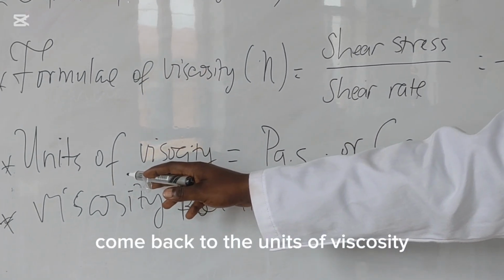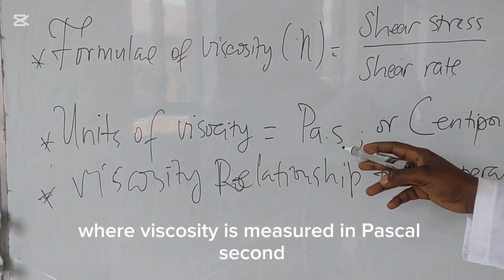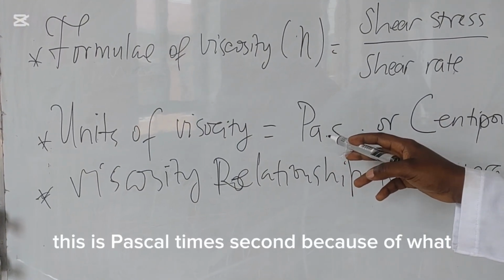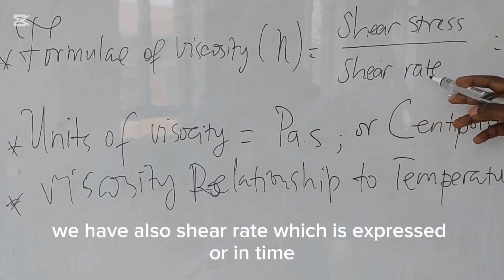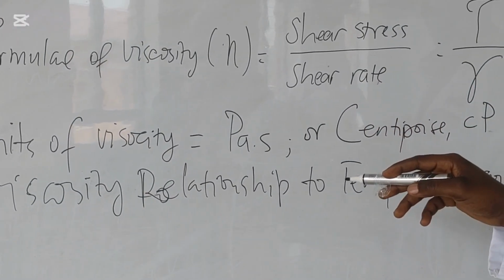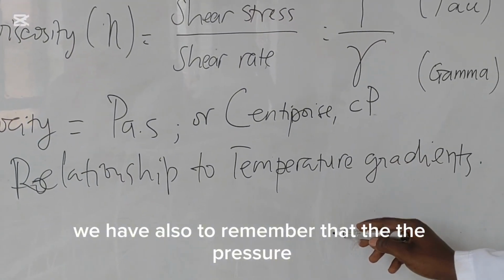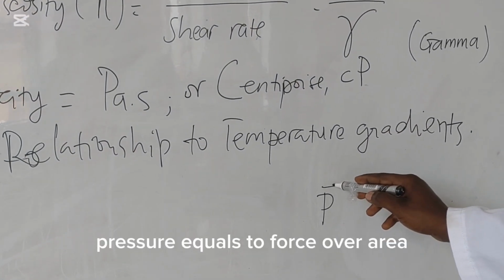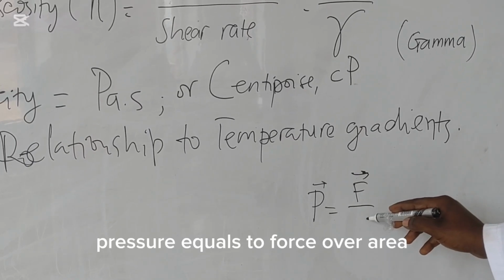Coming back to the units of viscosity, viscosity is measured in Pascal second. This is Pascal times second, because we also have shear rate, which is expressed in time. And we also have to remember that pressure equals force over area.